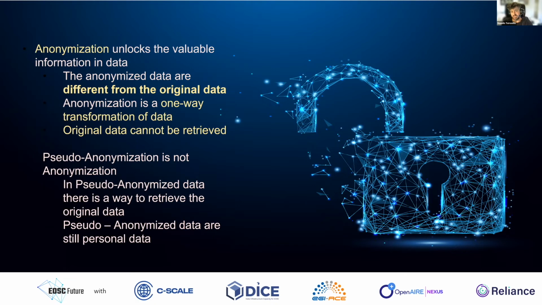And the techniques that we present here can be used for anonymization, but they can be used to protect any type of sensitive data. So when we anonymize the data, we transform them from personal data to statistical data, following the legal terms of GDPR. And the key property of the statistical data and of this process is that it cannot be reversed. Once the data are anonymized, there's no way to go back and find the original data.